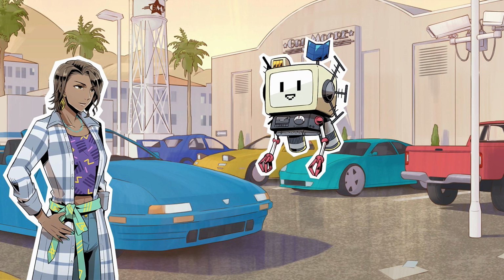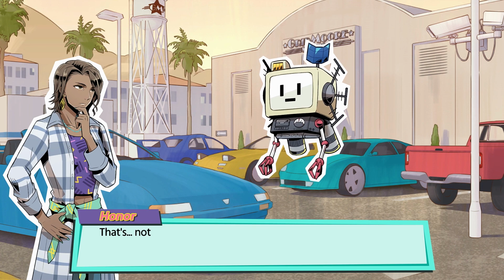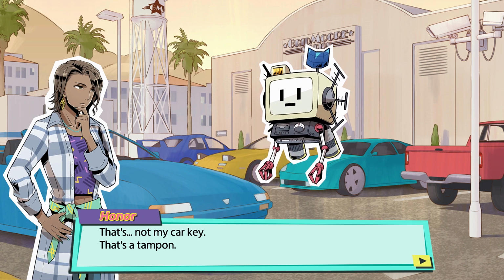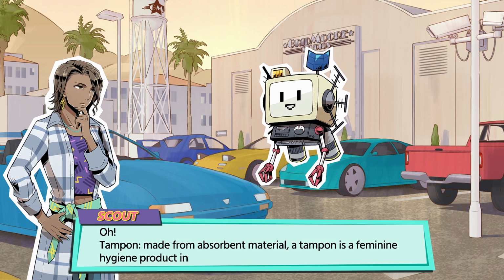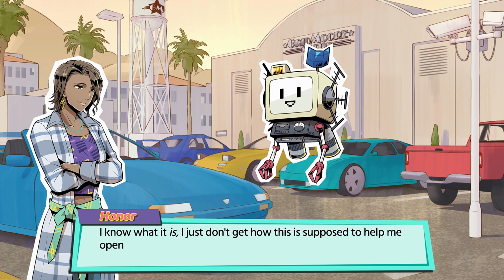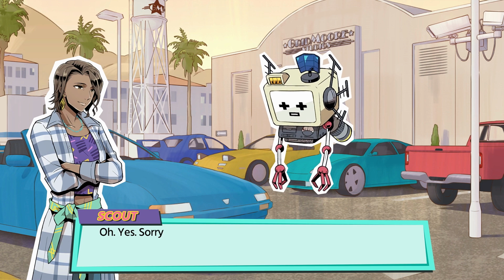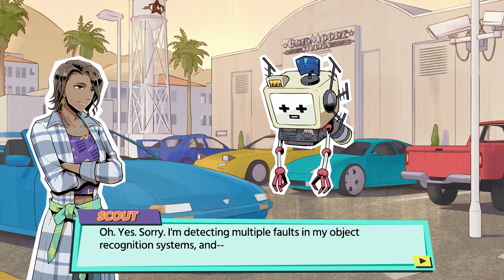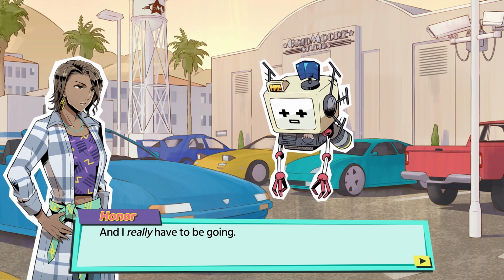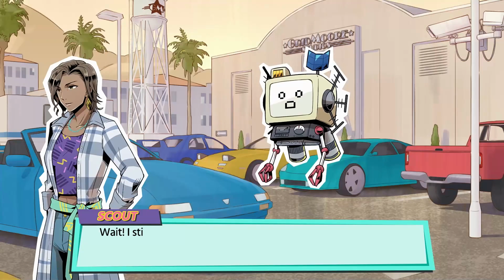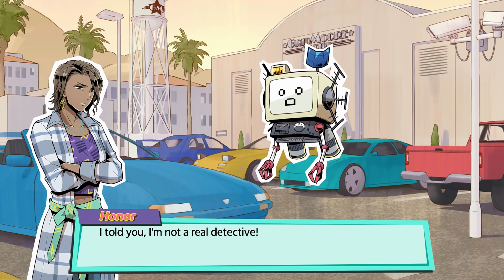There, it's in your bag. That's not my car key. That's a tampon. Oh, tampon, made from absorbent material. A tampon is... I know what it is, I just don't know how this is supposed to help me open my car. Oh, yes, sorry. I'm detecting multiple faults in my object recognition systems, and I really have to be going. Wait, I still need your help. I told you I'm not a real detective.